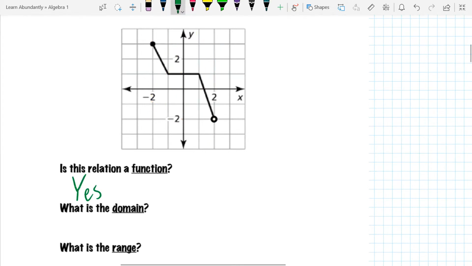The next thing we're going to look for is the domain. So I'm going to go the farthest left, and I'm going to kind of box it in, and the farthest right. And it looks like the x's go from -2 to +2. So I'm going to put my curly braces.